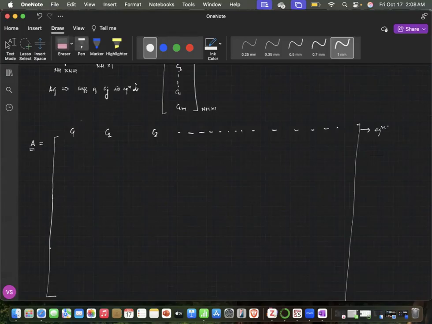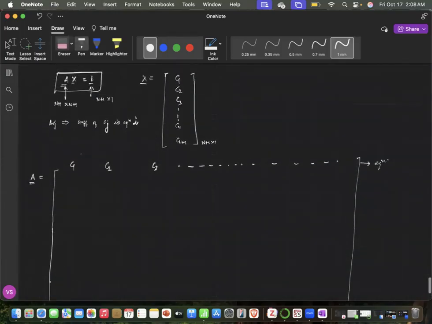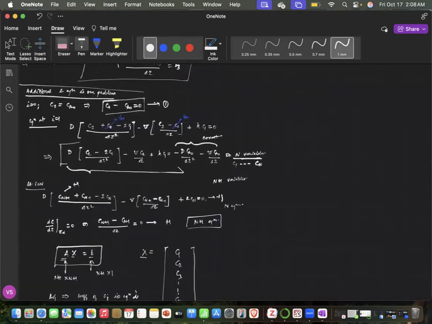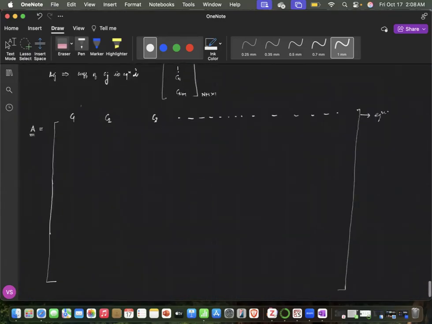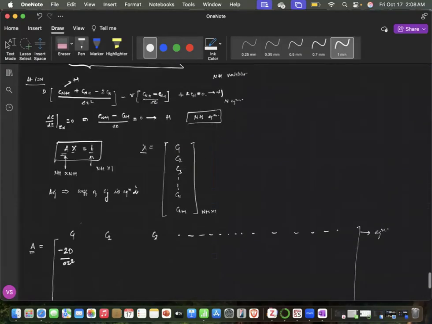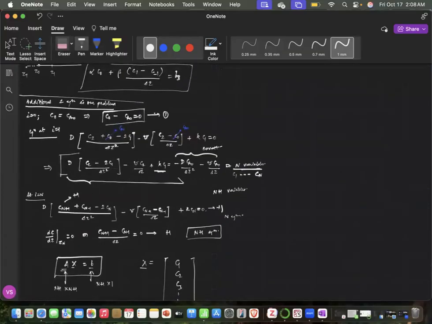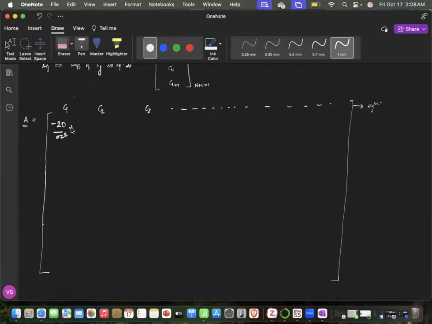So let's now try to write the first equation in this form. So we see in my I equals to 1, the coefficient of C1 is minus 2d by delta z squared plus k, right, plus k. So that is there. Okay.